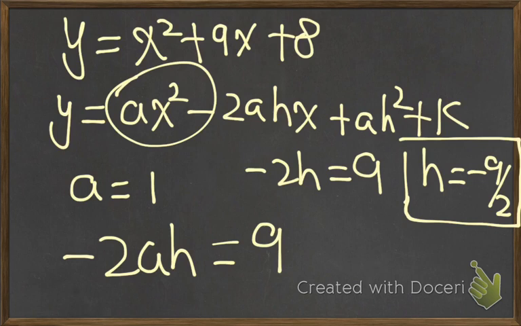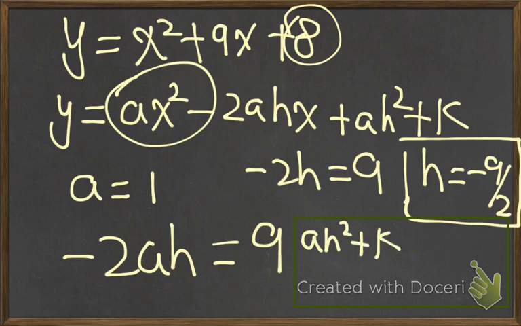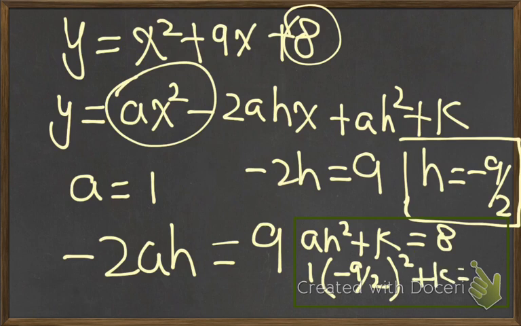So what's the constant term in the question? It is equal to 8. So 8 will be equal to, let me just make some space for writing. ah squared plus k will be kept equal to 8, and since the value of a is 1 and h is minus 9 over 2, (minus 9 over 2) the whole thing squared, plus k is equal to 8.